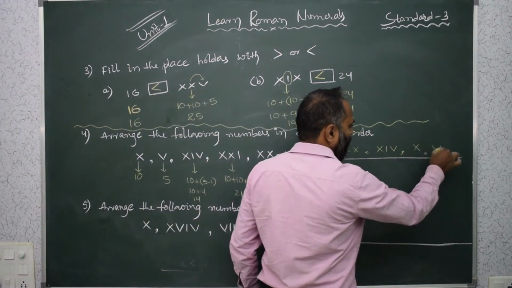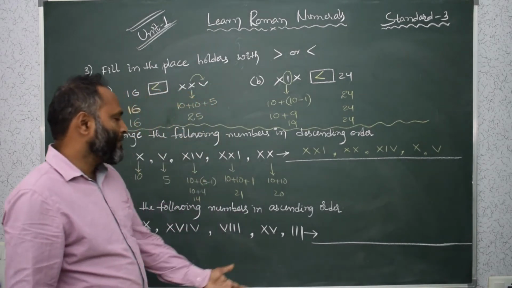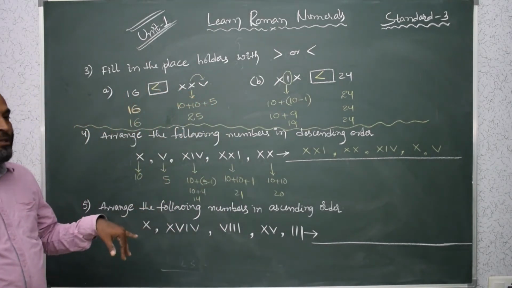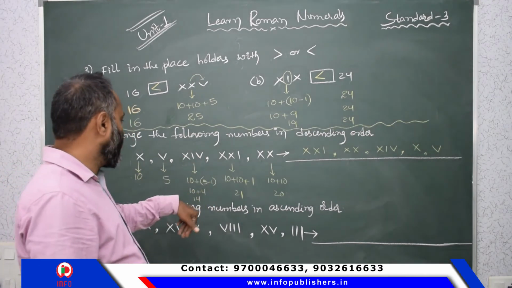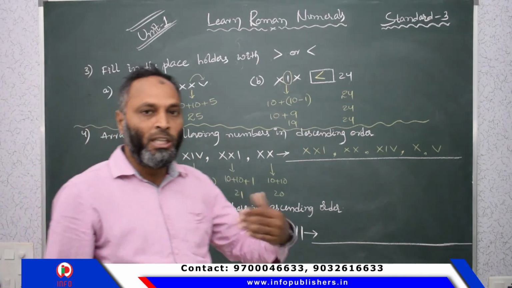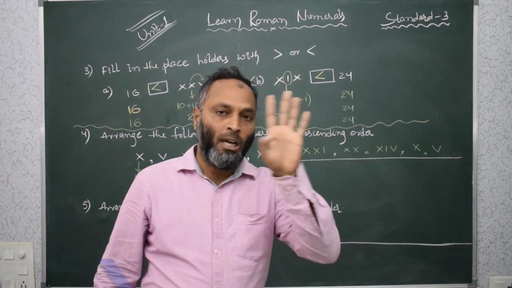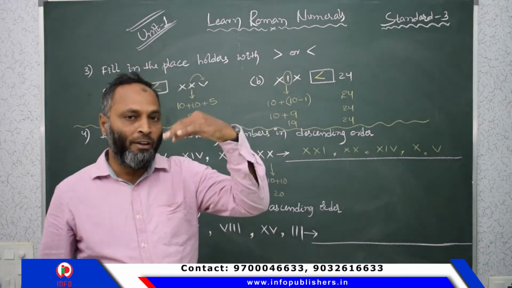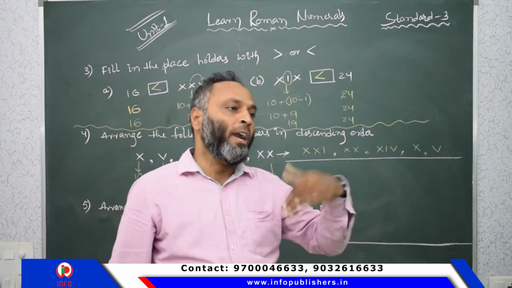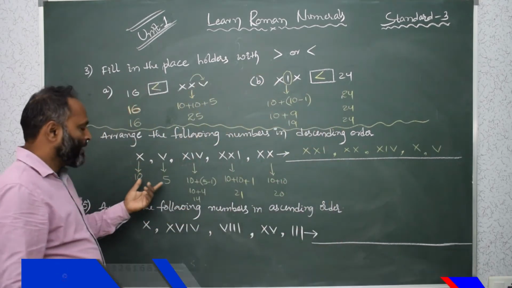So in this way, whenever Roman numerals are given and you are asked to write in descending order, first we have to convert the Roman numerals into Hindu-Arabic numerals, applying the 4 rules. According to how each one fits, you decide and write.